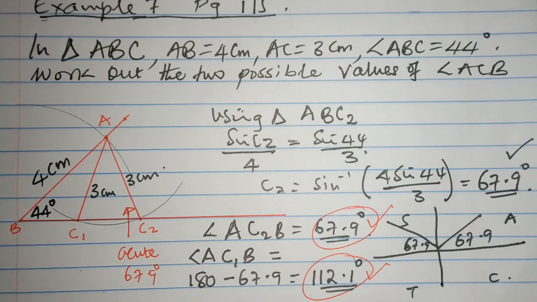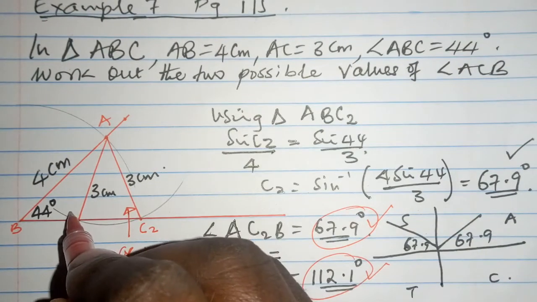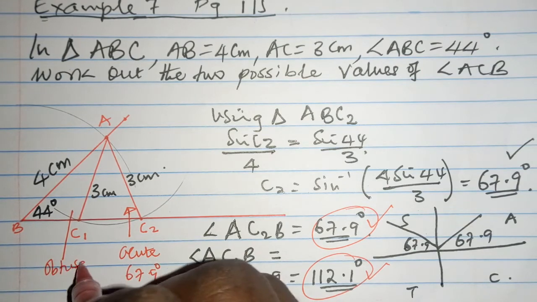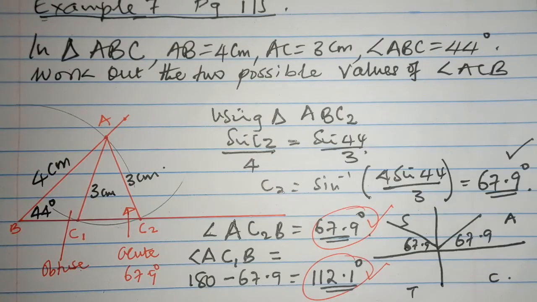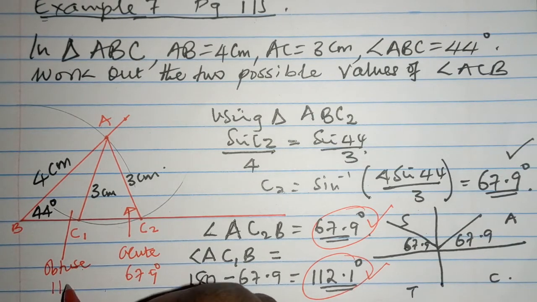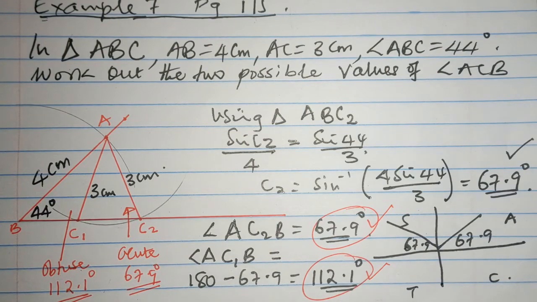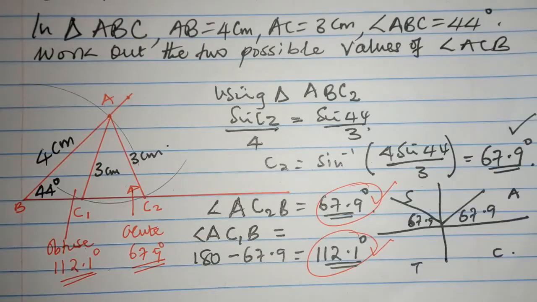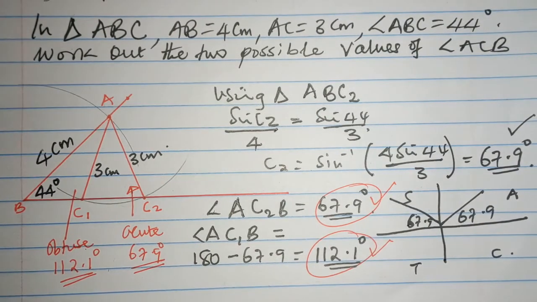This angle is obtuse, greater than 90 degrees and less than 180, and that is why it is 112.1 degrees. Quite a tricky but very important question. It also reminds you that in different quadrants, trigonometric ratios can have different signs.